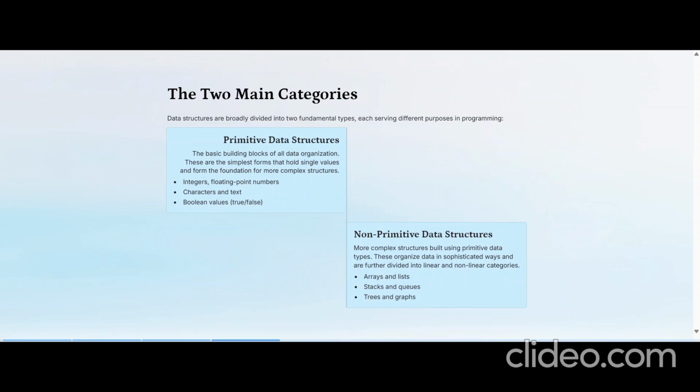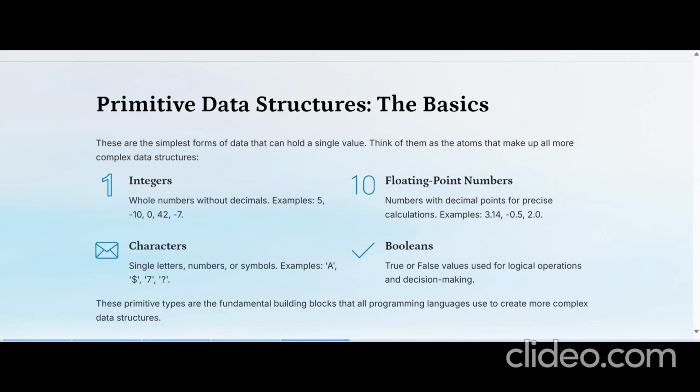These data structures are differentiated according to their linear or non-linear fashion. Arrays, linked lists, stacks, and queues are linear data structures. On the other hand, trees and graphs are non-linear data structures which store the data in a hierarchical fashion. So these are some data structures.